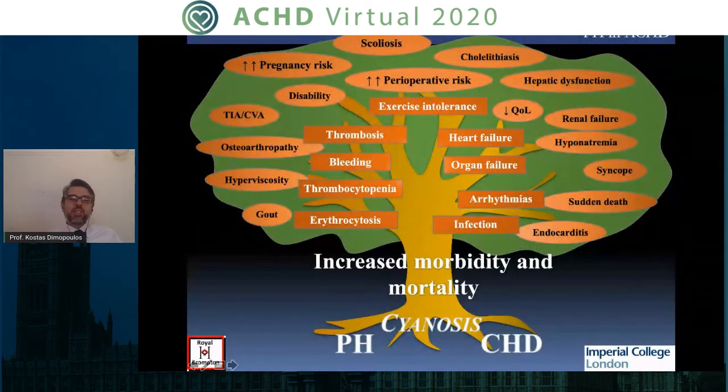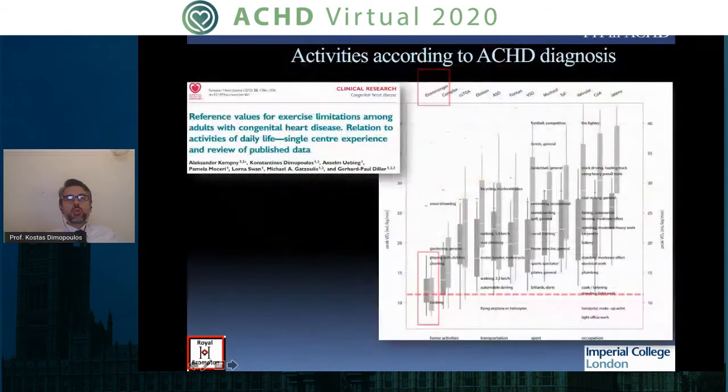And why is this? This is because severe pulmonary hypertension, congenital heart disease, and cyanosis increase morbidity and mortality. This is multi-organ disease. You can see the hematological issues, the heart failure and exercise intolerance, arrhythmias, infection, all contribute to the clinical presentation and also prognosis.